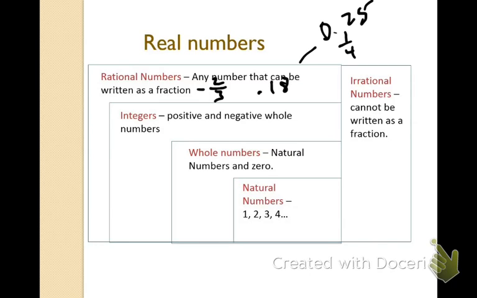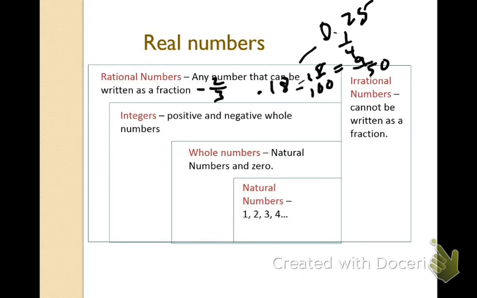You can write it as a fraction. I don't know if you remember how to do that, convert decimals to fractions. You remember how to do that? 18 over 100, right, because it's 18 hundredths, right? And then simplify it down, which is 9 over 50. Okay, so it's still rational.